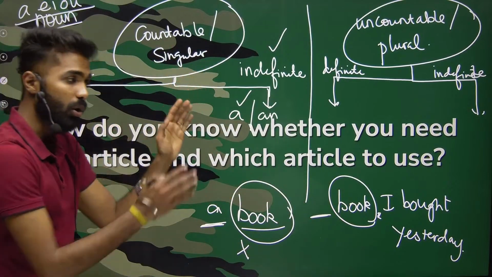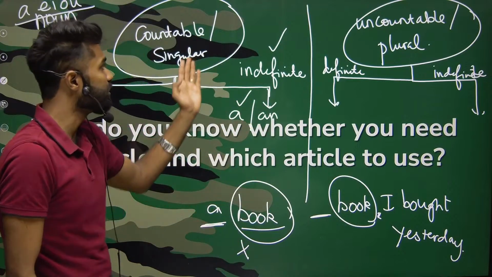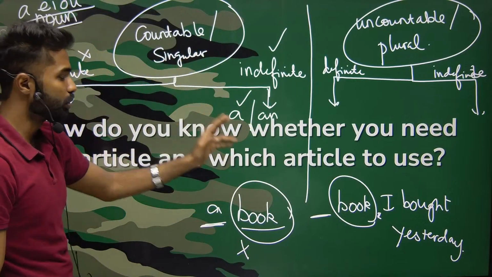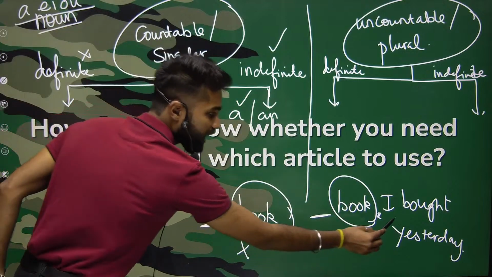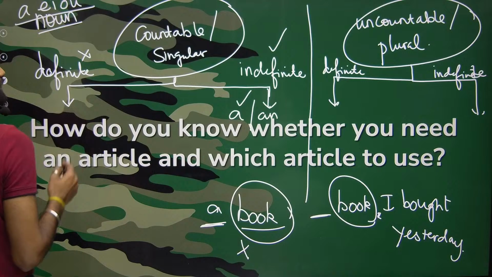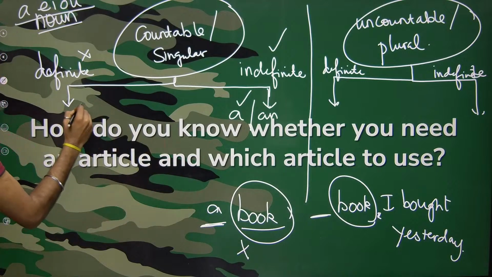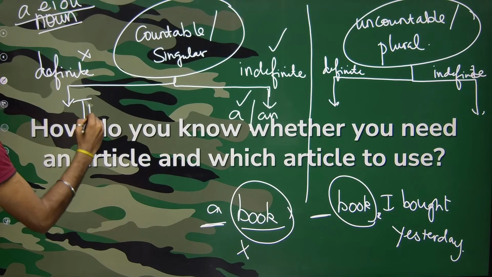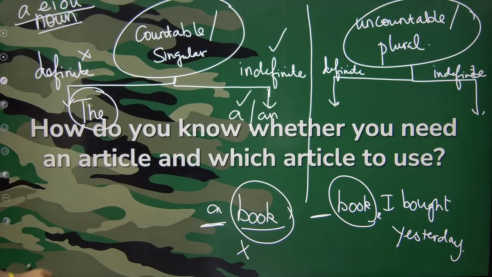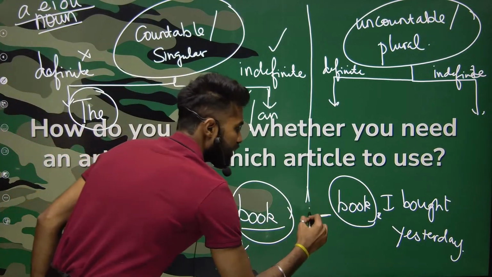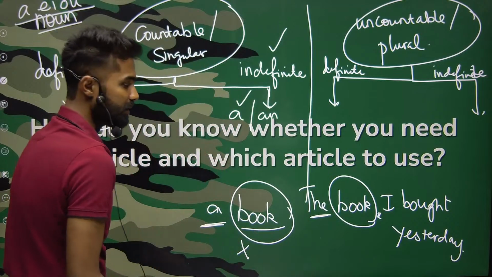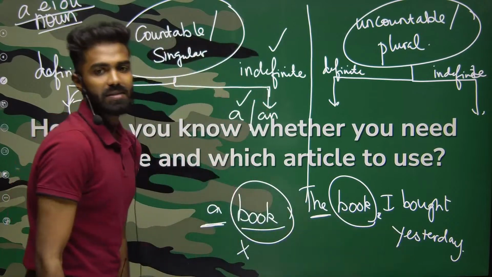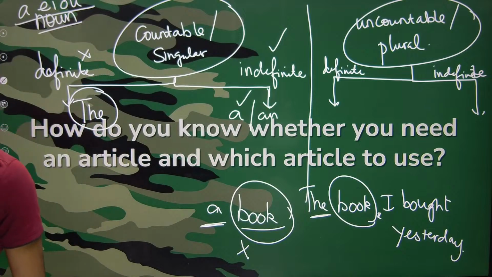It doesn't have to be always countable and always singular, it can be any of them. So it is countable. Is it indefinite? No, I have a particular detail about it. So it is definite. In case my noun is definite and countable or singular, then I will use the. So here I will be using the article the: the book I bought yesterday. All right, is it clear for you guys?